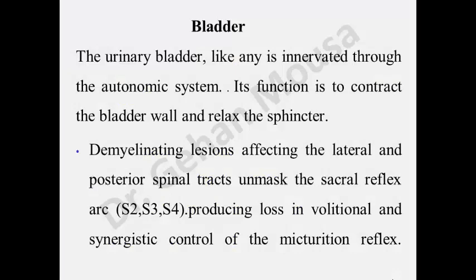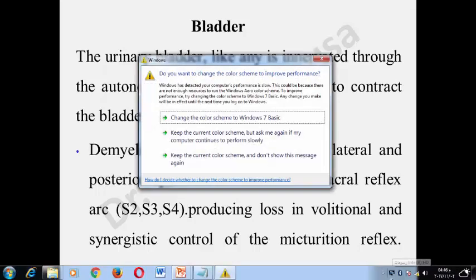As we know, the bladder is innervated by the autonomic nervous system, especially regulated by the parasympathetic nervous system. The function is to contract the bladder wall and relax the sphincter to allow the urine to go out, in the normal process of micturition.